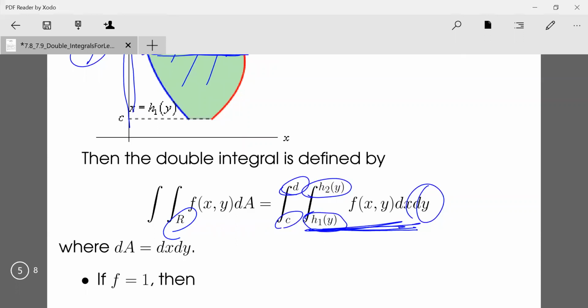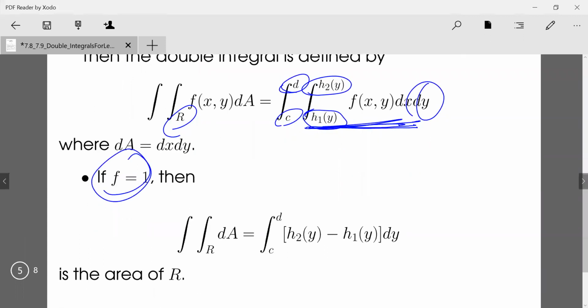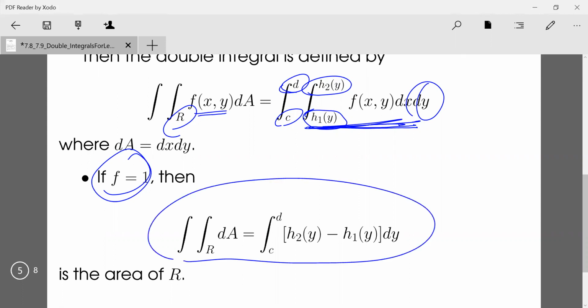And similarly, when the integrand is f, okay, now notice in this case we already have replaced this integrand by f, then this integral is the area of the region.